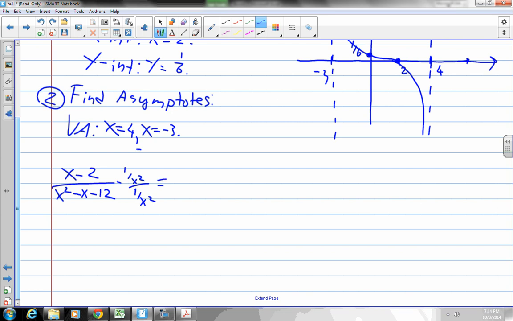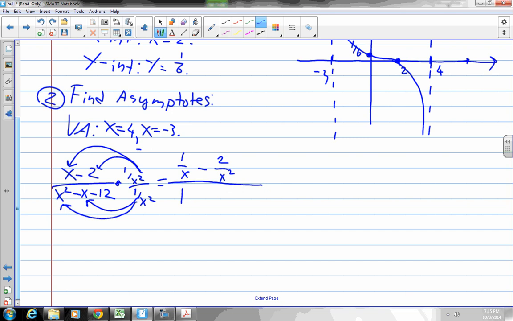So when you distribute that, 1 over x squared times x is just 1 over x. One of the x's canceled. And 2 times 1 over x squared is -2 over x squared. And we do the same thing in the denominator. X squared times 1 over x squared gives me 1.